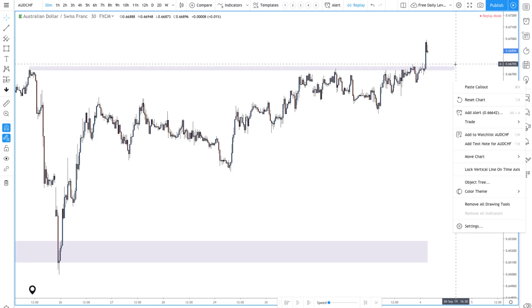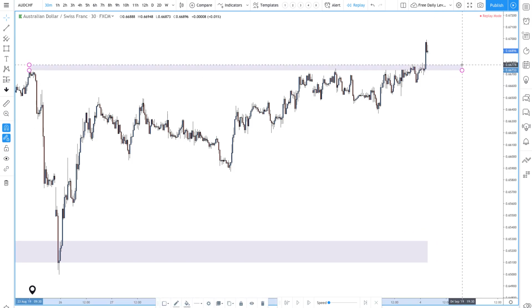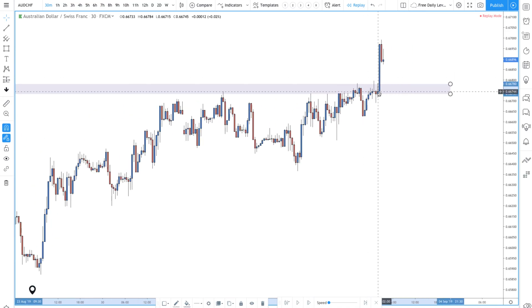So we get to see some sort of breakout of the level. A nice strong candle convinces breakout traders to get involved, and then what we're waiting for is a pullback.